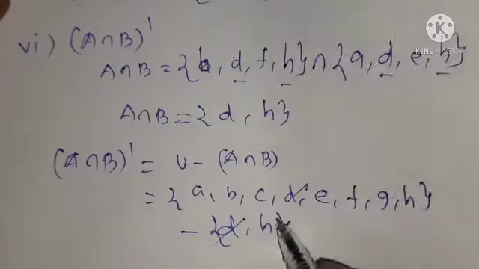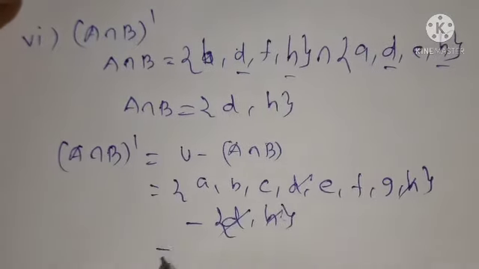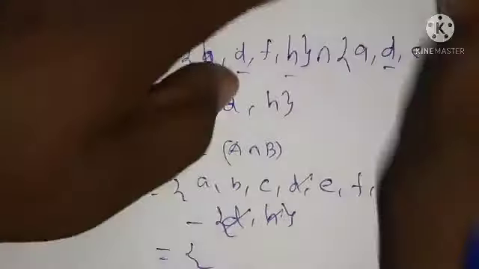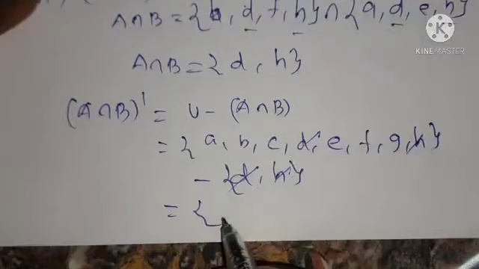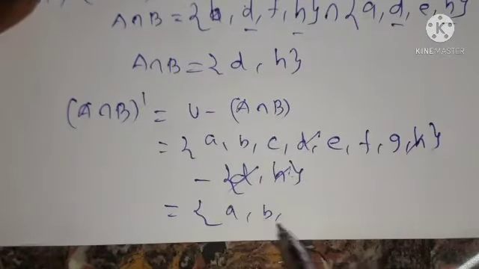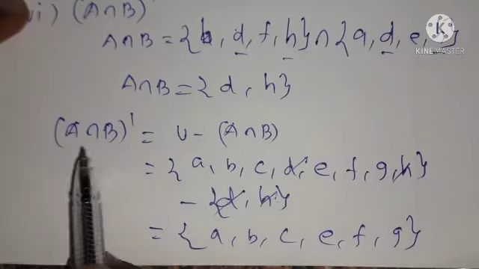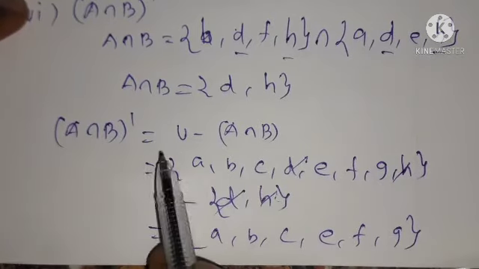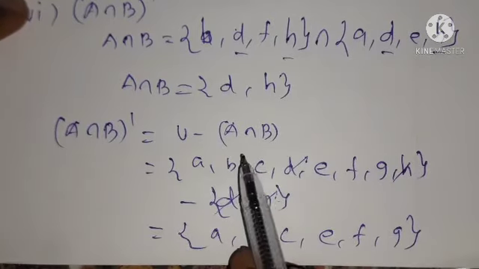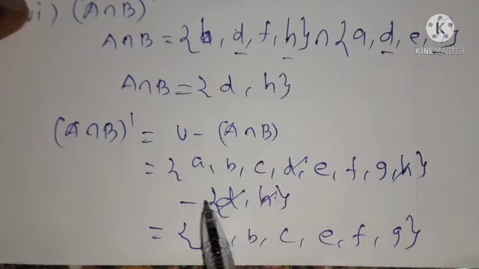D is common, H is common. Write the remaining elements: A, B, C, E, F, G. (A intersection B) whole dash means the universal set having but not in A intersection B.